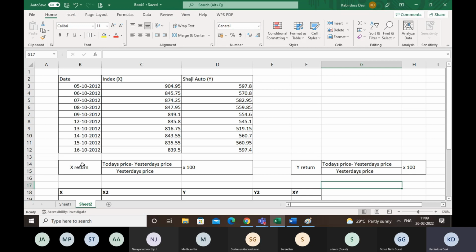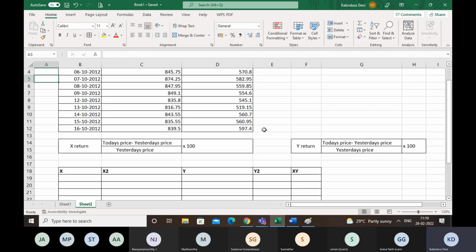So here, how do we find x? The x return is calculated from the values of 10 days given, 2, 3, 4, 5, 6, 7, 8, 9, 10. But the x return is calculated based on today's price and yesterday's price.